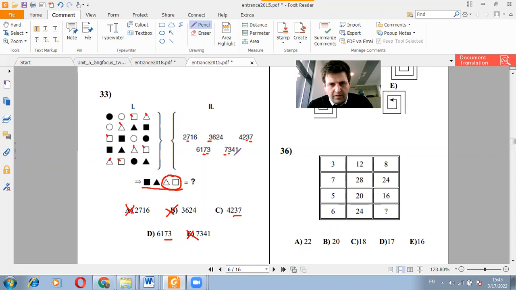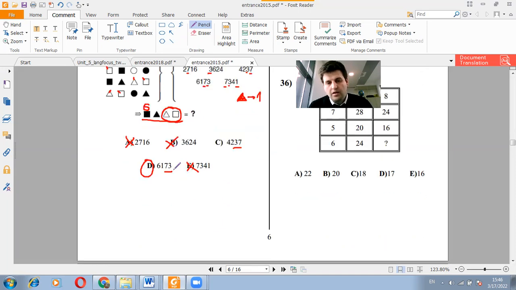Number 1 never comes at the beginning. So the black triangle equals 1. And we don't even need to search for the black square because obviously we got our correct choice, 6173. But if you want to make sure, you can see that the black square here would be 6 as well.